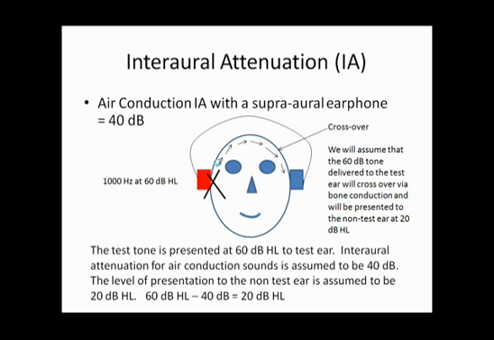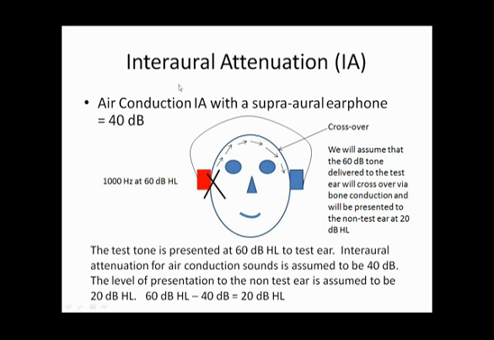So air conduction interaural attenuation with a supra-aural earphone is 40 dB. So if we have a tone presented at 1000 hertz at 60 dB HL to the right ear, if this ear was deaf, 60 minus the interaural attenuation, or the amount that the sound is reduced as it crosses over from one ear to the next.